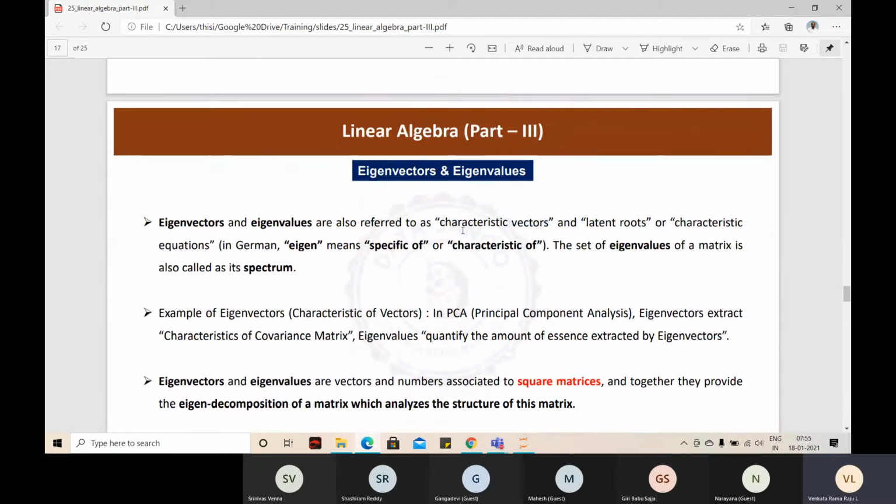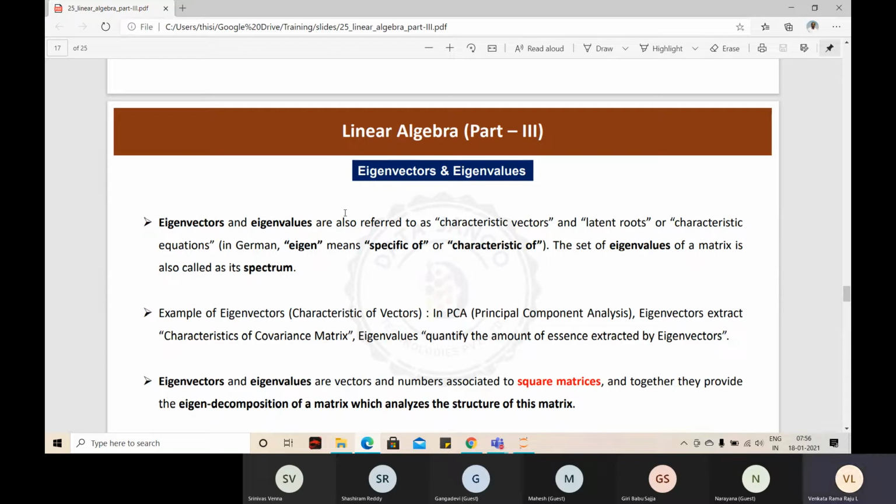Did you get the point, or any questions there? I said characteristic vector, right?